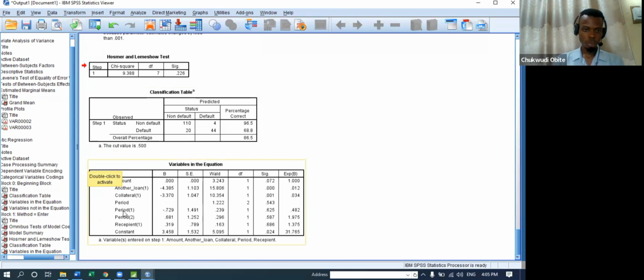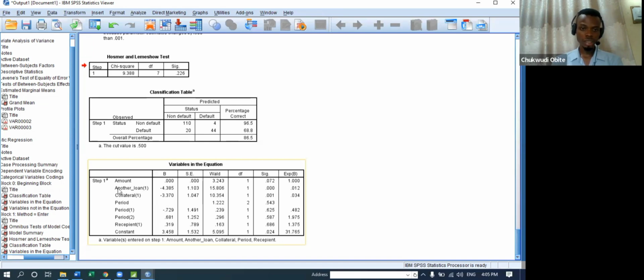It means you compare coded value of 1 for period against coded value of 0. Then you also compare coded value of 2 against coded value of 0. Look at what we compare, 1 and 0, 2 and 0. Now, listen, let me explain something. When a variable has only 2 levels, SPSS will only bring out 1.